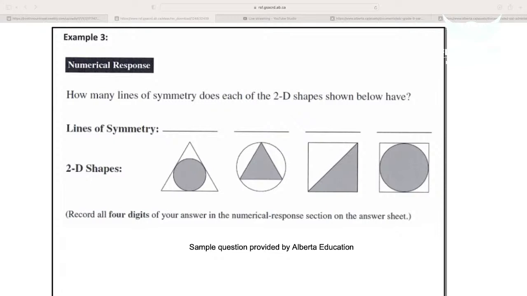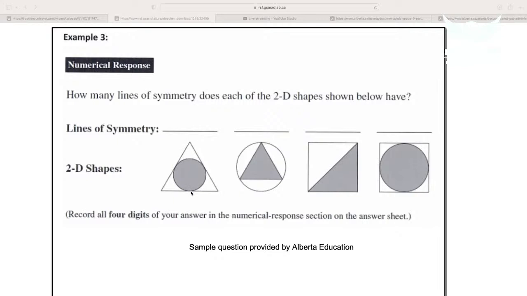Next one, a square, can have 2. The third shape can have only 1 line of symmetry, this one from here to here.